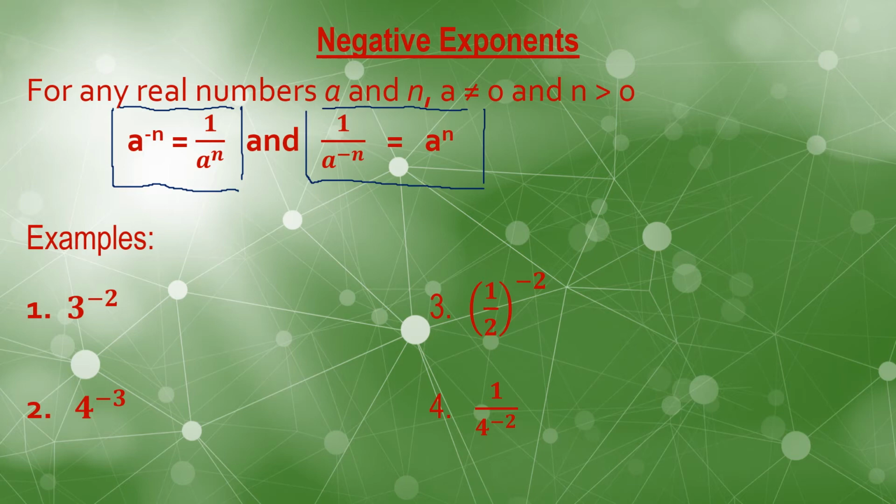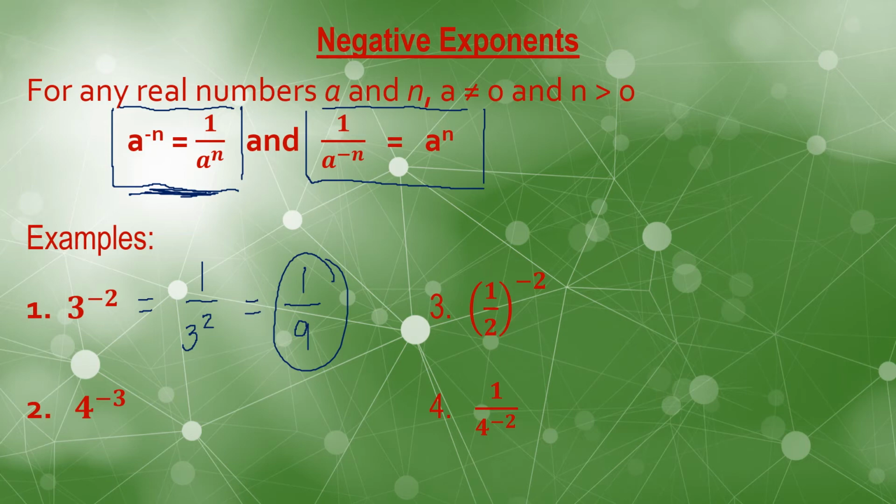Say for example, we have 3 raised to negative 2. So to get rid of the negative exponent, it becomes 1 over 3 squared, applying this principle. Simplifying this expression, we have 1 over, what is the value of 3 squared? That is equal to 9. Therefore, 3 raised to negative 2 is equal to 1/9.